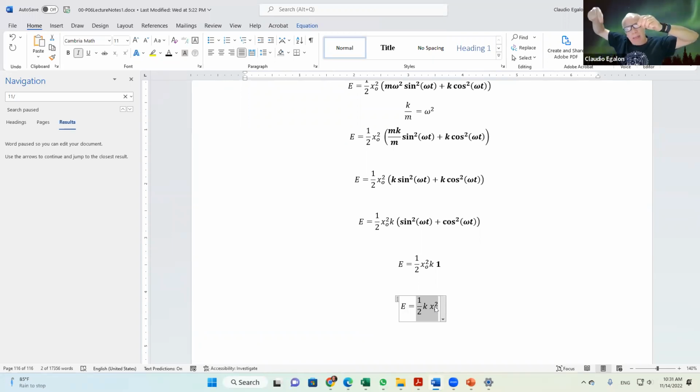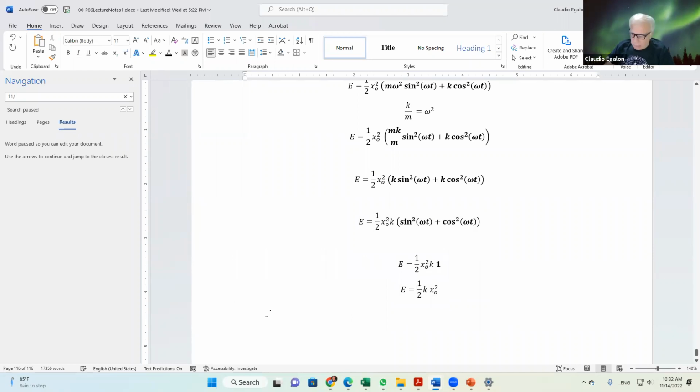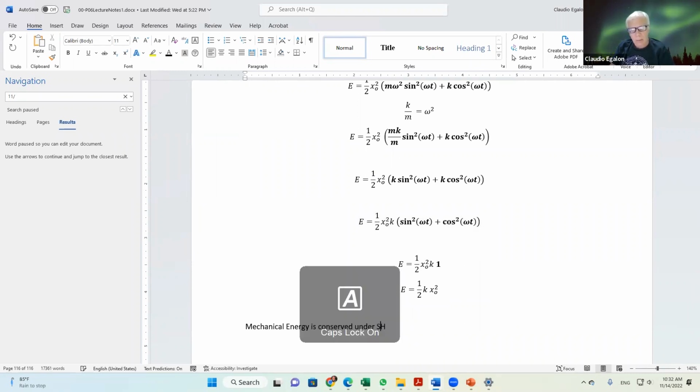And at this very moment, its kinetic energy is going to be 0 too. The only energy that we have is potential energy, given by half k x naught squared. So the mechanical energy is conserved under simple harmonic motion.